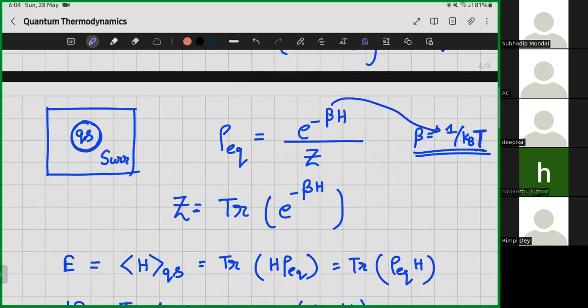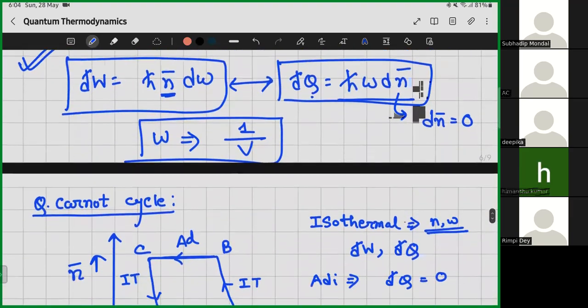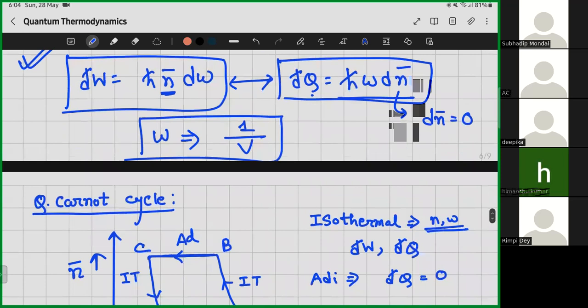That temperature is the temperature of the surrounding. Omega being inversely proportional to V is related to the density of states. If you decrease the volume, then the space between two energy levels will increase, so the frequency of the harmonic oscillator will increase.